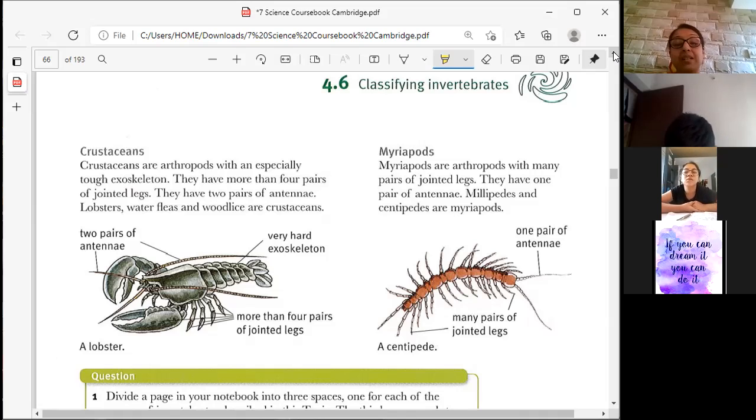Is it very clear till here? Tell me if you have any doubt. Ma'am, how is it further deep into the arthropods? It comes in the category of arthropods because it has antenna. Yeah, because it has joint legs.